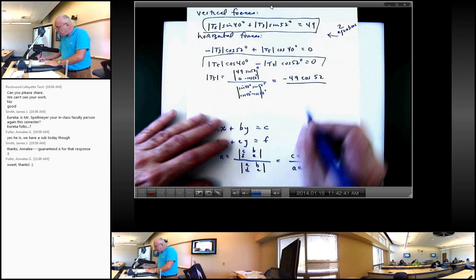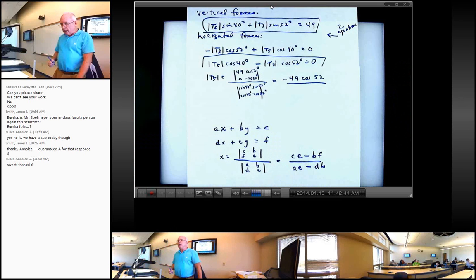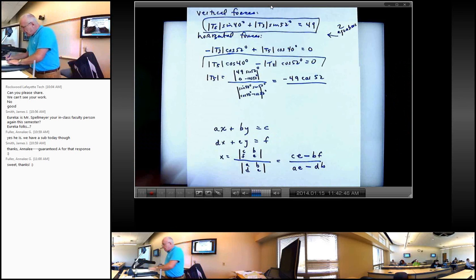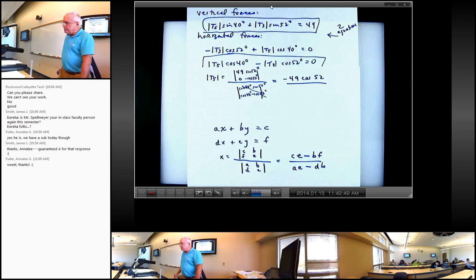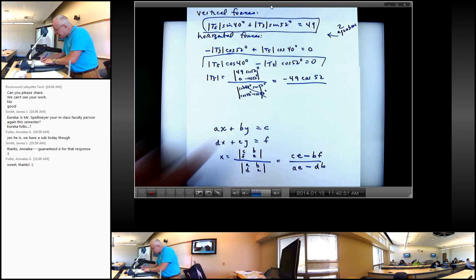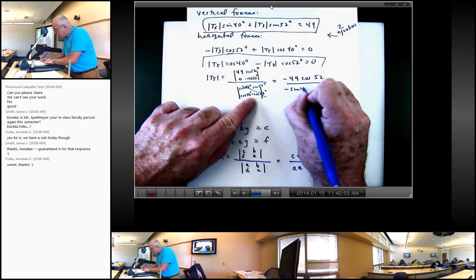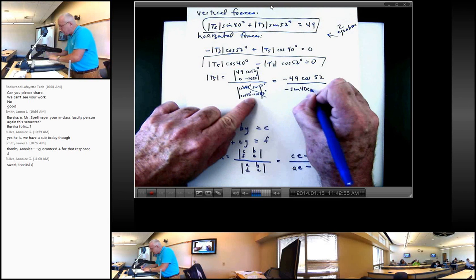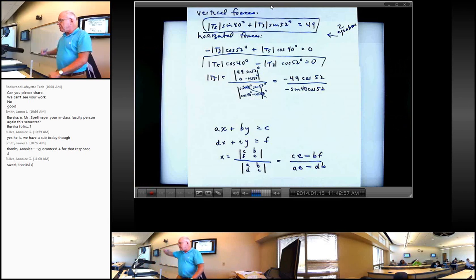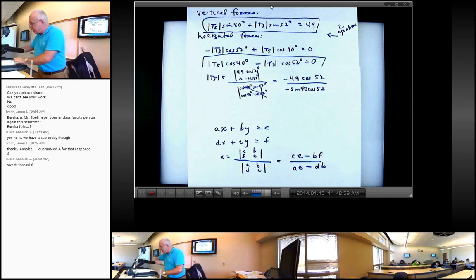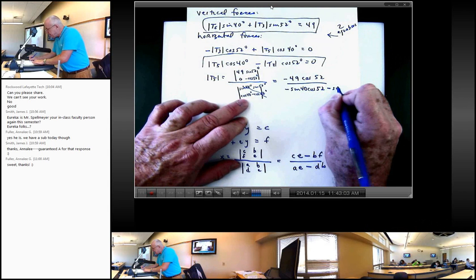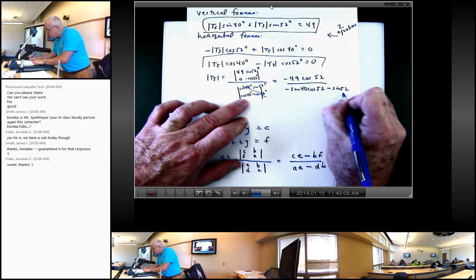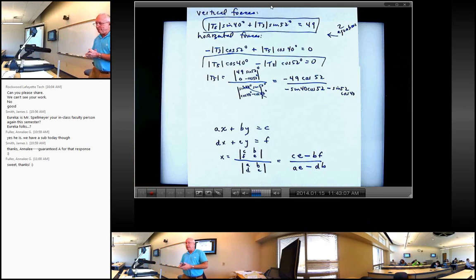Now I'm going to get a real mess down here at the bottom. I take the downward diagonal, so I'm going to have a minus sine of 40 cosine of 52. That's my downward diagonal. Then minus my upward diagonal, minus sine of 52 cosine of 40 together.